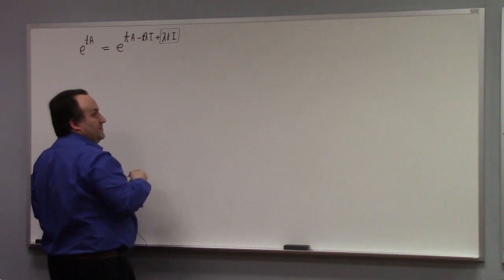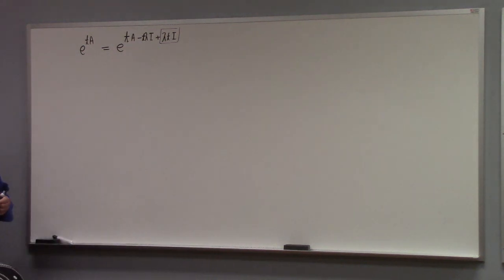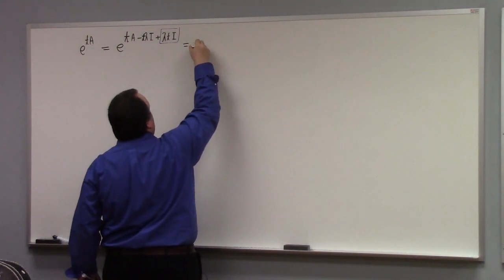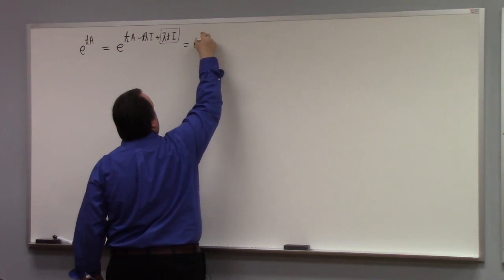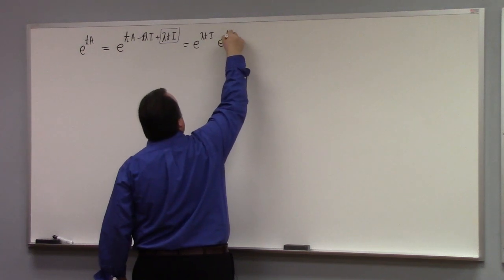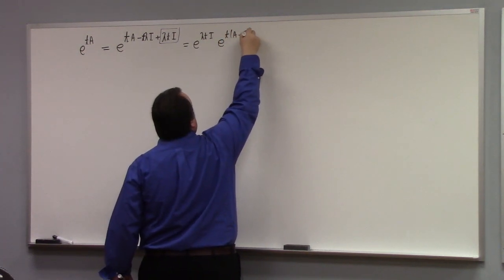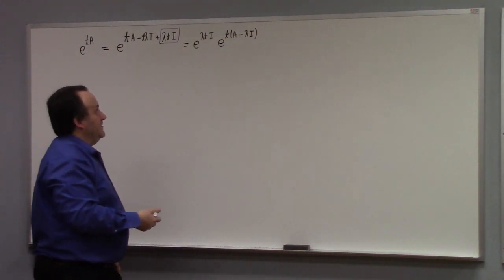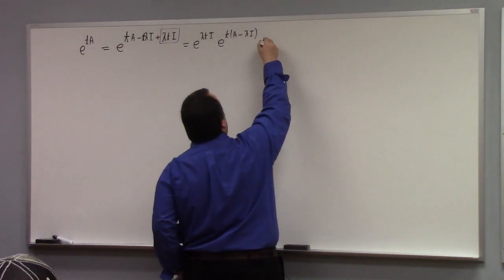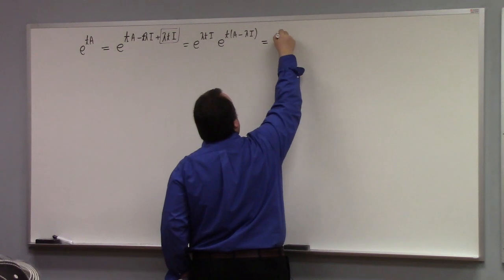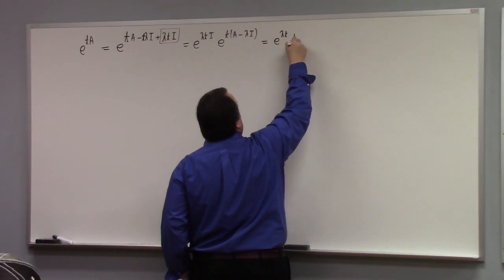But if the matrices commute, then it is true that e to the A plus B is e to the A times e to the B. In this context, we have e to the lambda t times the identity matrix, times e to the t times A minus lambda I. All right? And then it's just a matter of proving a little identity that's easy enough to prove, that that's really the same as e to the lambda t, the scalar, times the identity matrix.